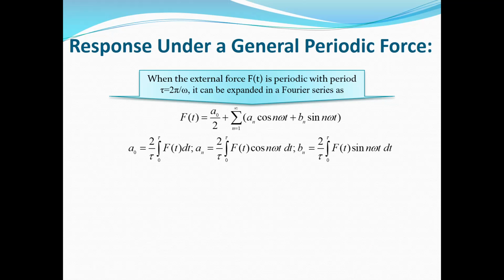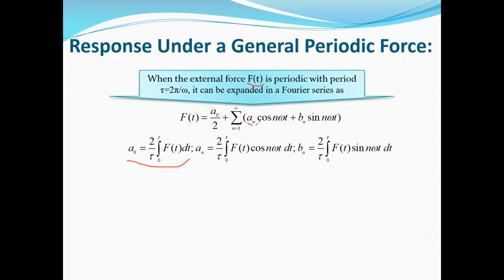We know that any periodic function can be rewritten in the form of a Fourier series as a combination of cosine and sine functions by using this equation: f(t) is equal to a0 divided by 2, where a0 can be obtained using this equation. a0 is equal to 2 over the period multiplied by the integral of f(t) dt, where f(t) is our periodic function, plus the summation of a_n times cosine n omega t.